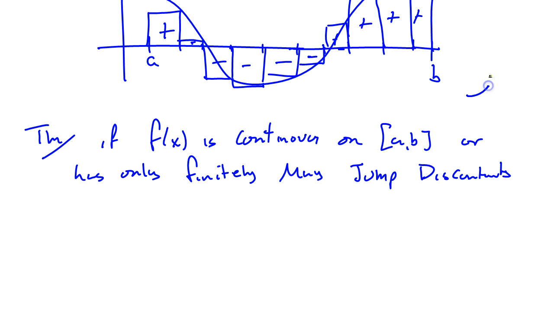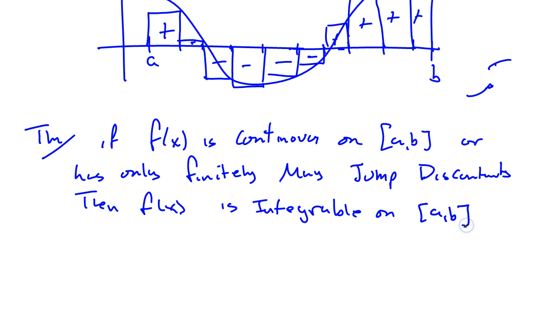The function goes like that. There's a left-hand limit and there's a right-hand limit at the point of discontinuity. There's not an asymptote, there's not any sufficiently squiggly stuff. The left and right-hand limits exist but are not equal to each other. So that only happens finitely many times. Then f of x is integrable on a to b.